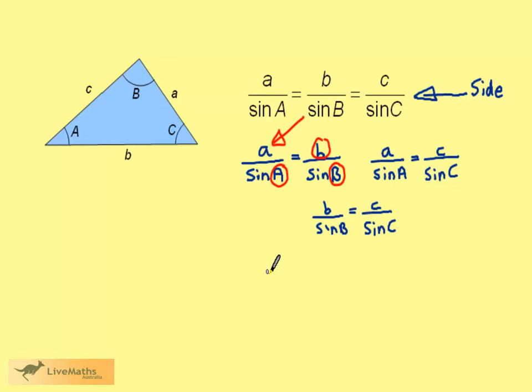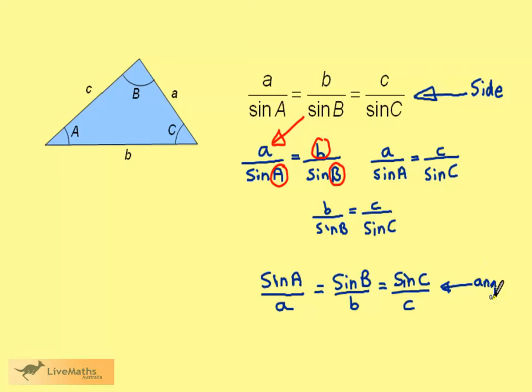If you're working out an unknown angle, you should remember that the whole of the sine rule can just be turned upside down, as shown. So you get sine A over a equals sine B over b is equal to sine C over c. This form is best if it's an unknown angle that you're working out.